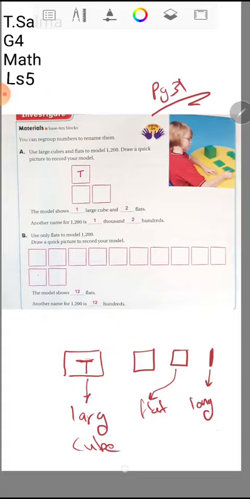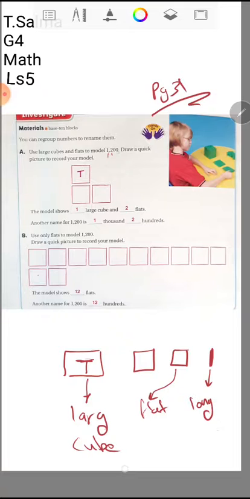Okay, let's start. If you want to use base 10 blocks to describe this number, so I have here 1 in the thousands digit. That means the number of large cubes here is 1, so I drew 1 large cube. I have 2 in the hundreds digit. That means I have 2 flats.